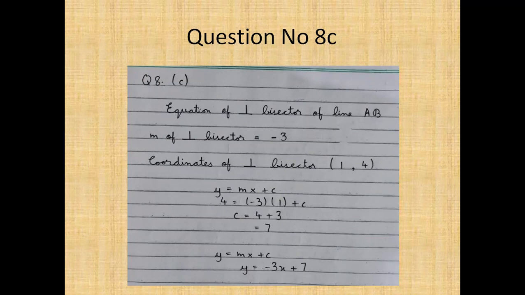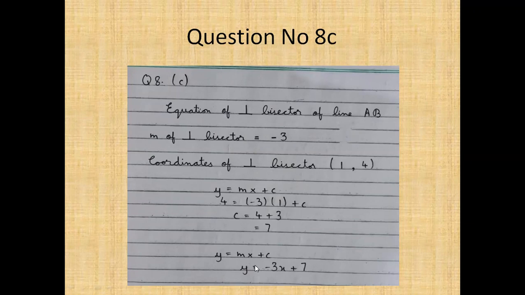The point through which the perpendicular bisector passes is the midpoint of AB, that is (1, 4). Now I can find the equation y equals mx plus c. I will use this point and this gradient, and find the c value. So y is 4, m is -3, and x is 1, so c will be 7.